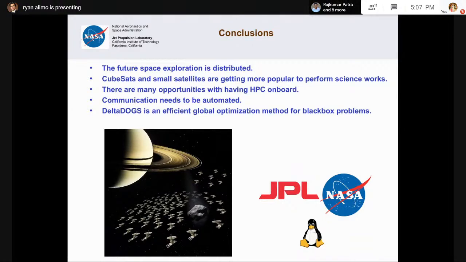All of these new embedded systems that are capable of high performance computing can help us to do more complex science work and autonomy for our spacecraft and robots. Also, we need to automate the communications such as DSN with the spacecraft and automate the pipeline that we have on Earth. And Linux is really important, by the way. In many of the projects and robotics projects, Linux is widely used and it's a standard.